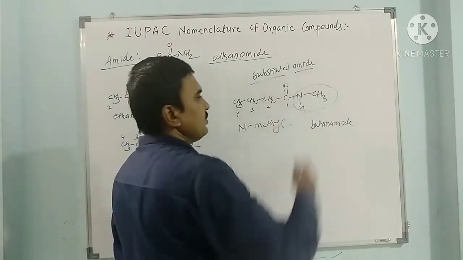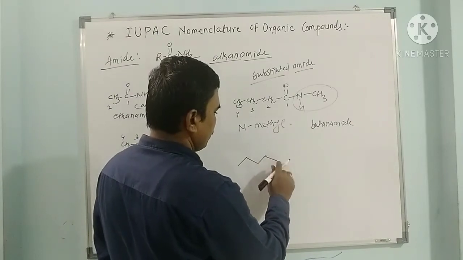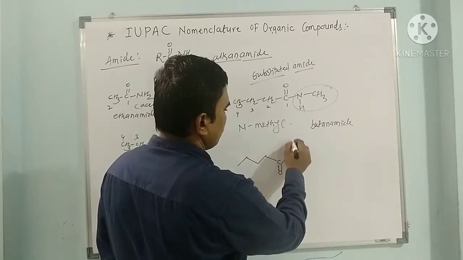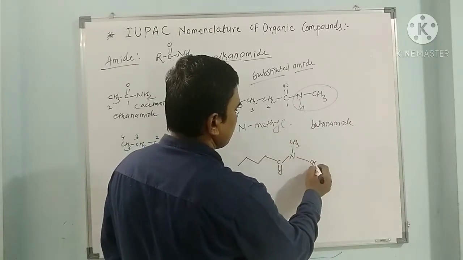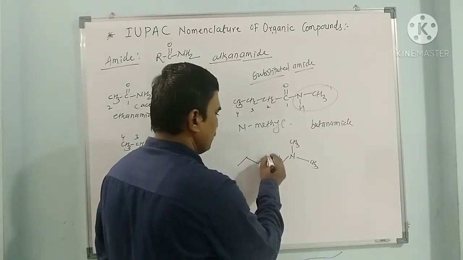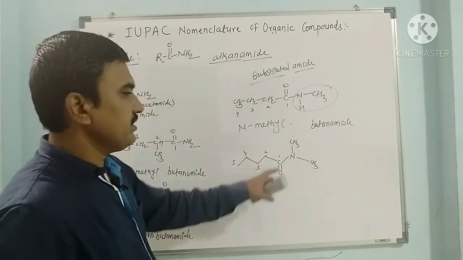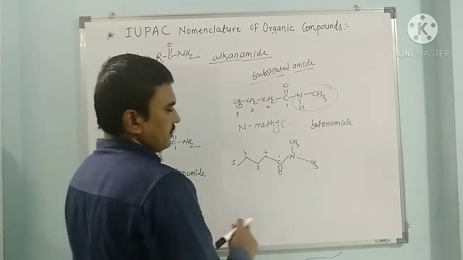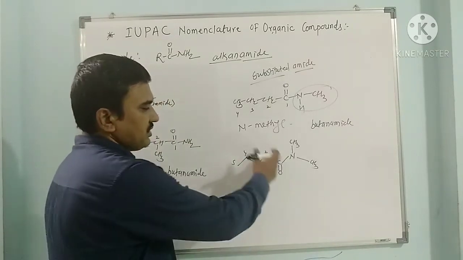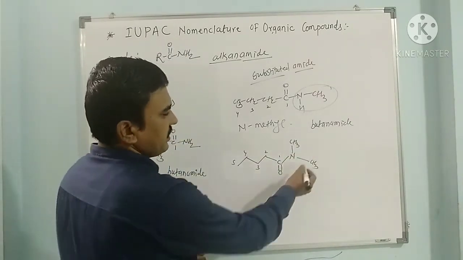If two groups are there, for example, C double bond O, N, CH3, CH3, two methyls are on the nitrogen. Carbon number 1, 2, 3, 4, 5, so this is pentanamide. The functional group is CONR2, so this is RCONR2, and these R groups are methyls attached to nitrogen.